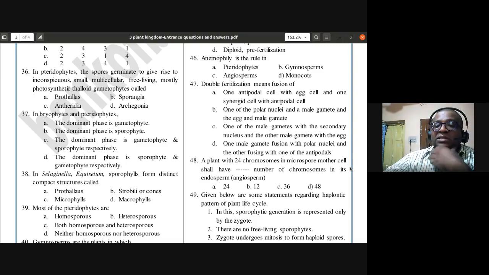The microspore mother cell is 24. So the sperm cell will have 12 chromosomes, and the nuclei are also going to be haploid, both of them. So 12 plus 12, 24, plus 12 is 36. C is the answer. So even though your answer key has given the fourth option as the answer, it is wrong.